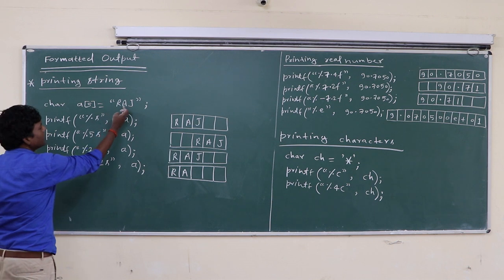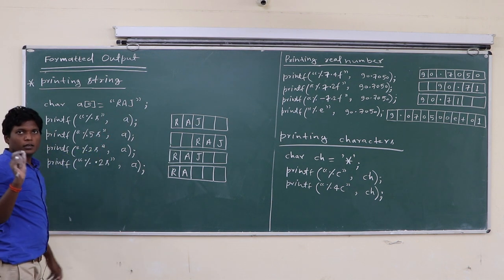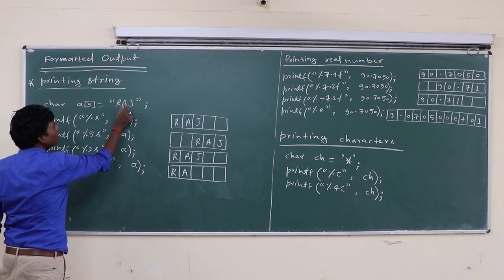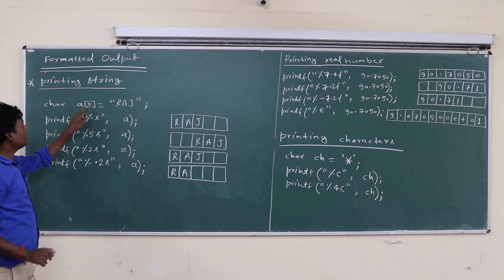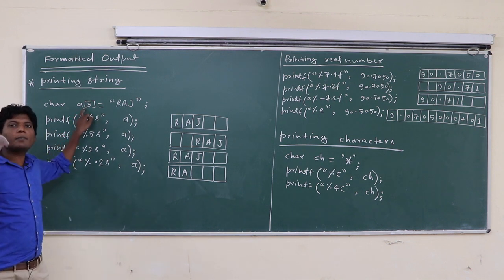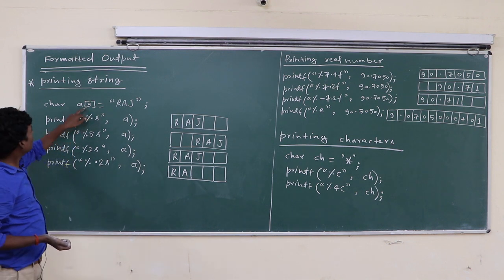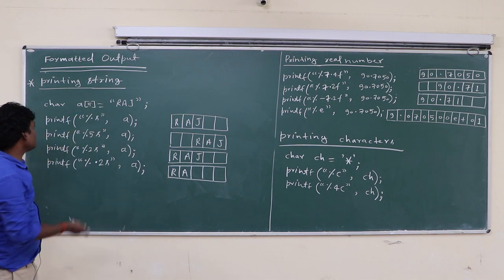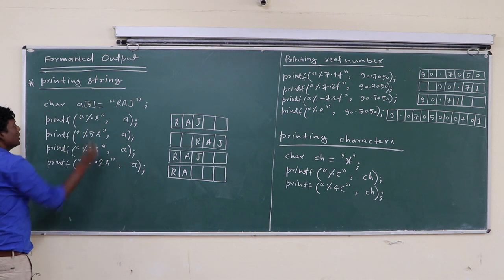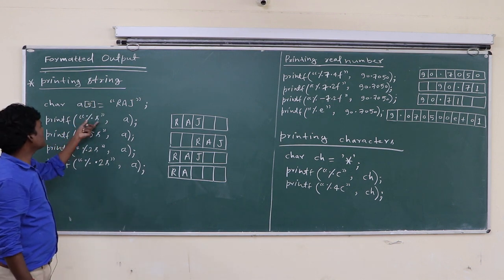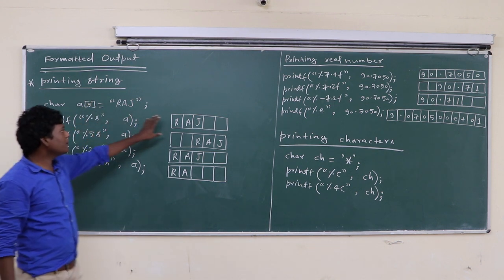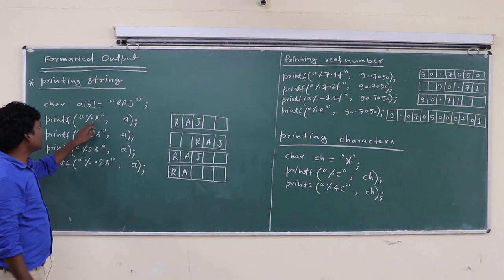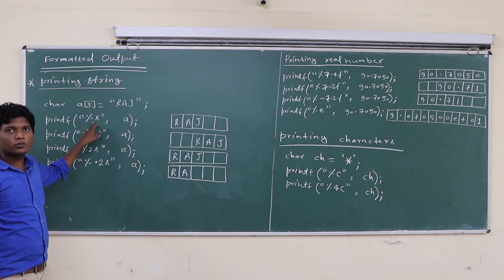Raj has 3 letters: 1, 2, 3. But a can store up to 5 letters. Okay class? So no problem. Now we are going to print %s with a. Raj will be printed. This is the normal case, what we have used till now.